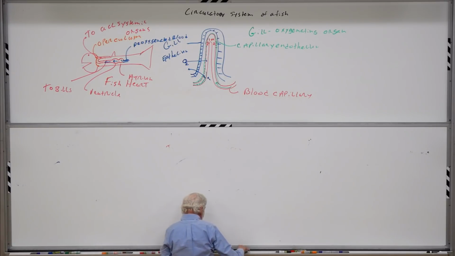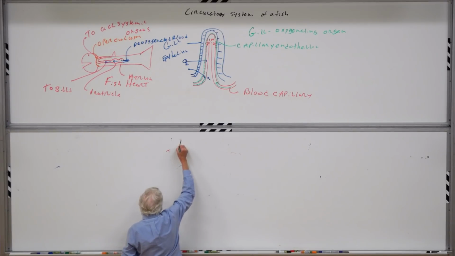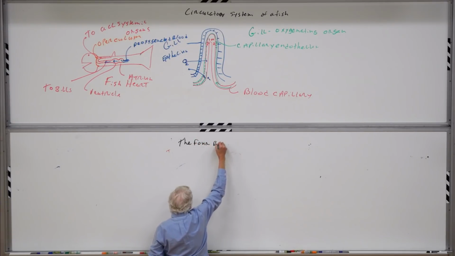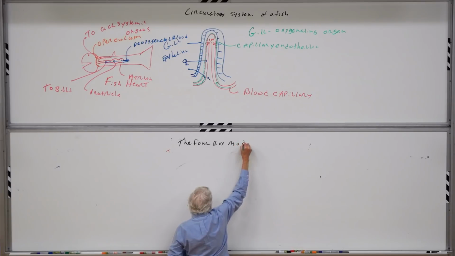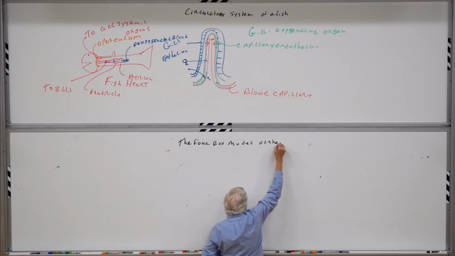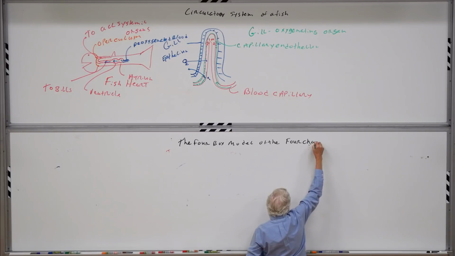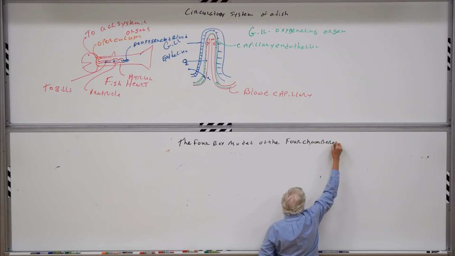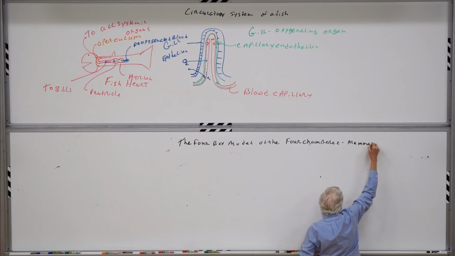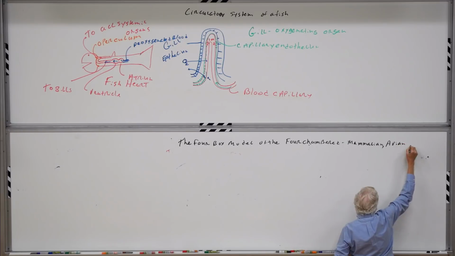So we'll take this panel and we'll describe it as the four-box model of the four-chambered, you could read mammalian or even avian heart.